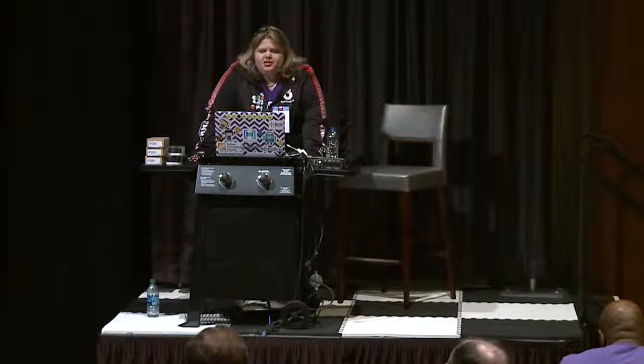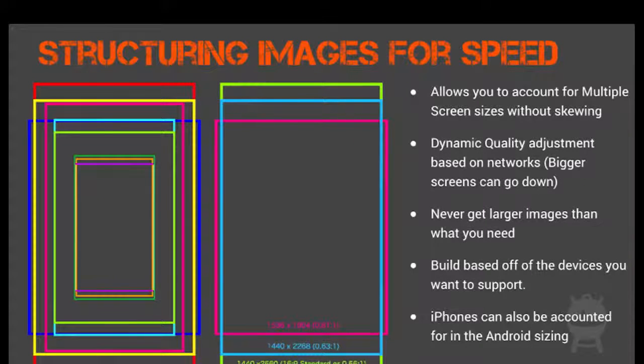Those 3 sizes are 1536 by 1904, which is essentially your 4:3, which also works on iPad. Woohoo! Especially for some of the older ones, it's nice. And then 1440 by 2268, and that's accounting for the nav bar. So what we have here is basically 4K with nav bar and 4K with hardware buttons.